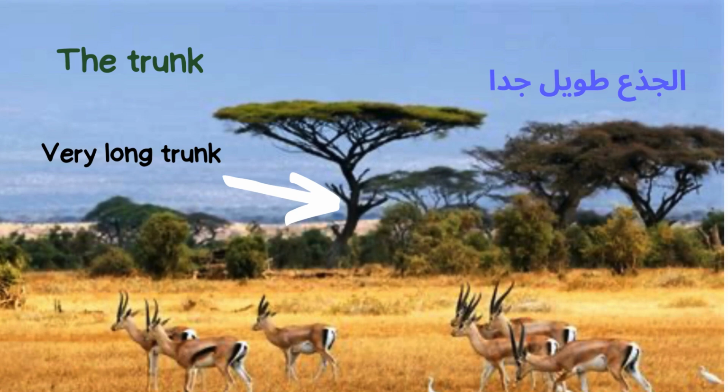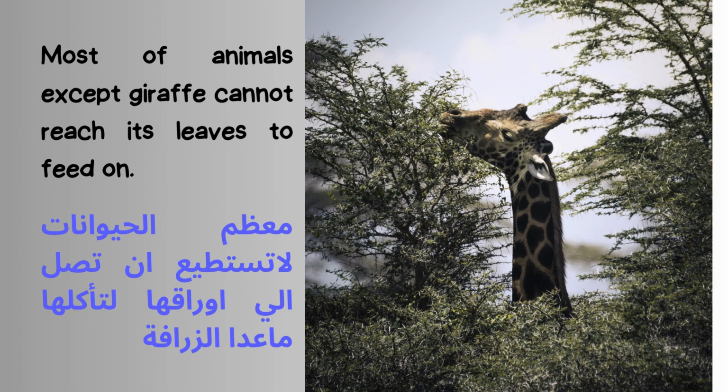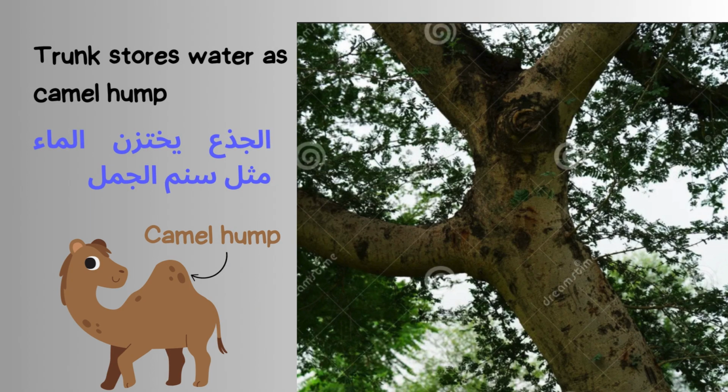And this makes most animals, except the giraffe, unable to reach its leaves to feed on. Most animals can't eat from this tree, okay? Because it has a very, very long trunk. Also, the trunk can store water like a camel hump. You know, the camel hump, this is the camel hump as you see.